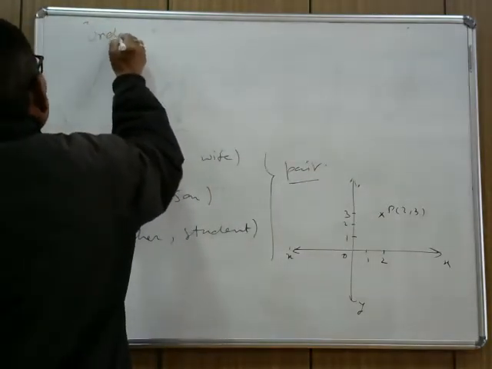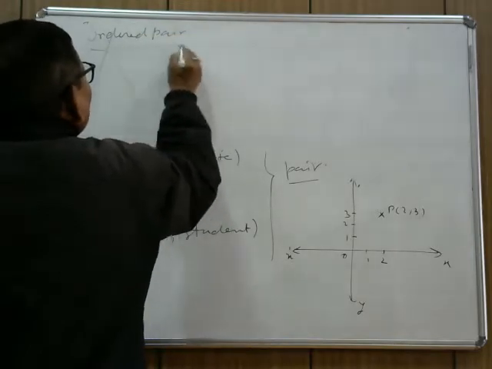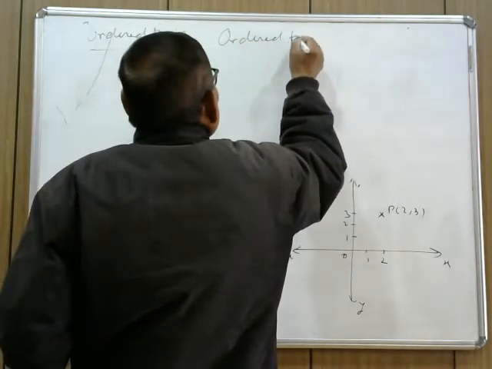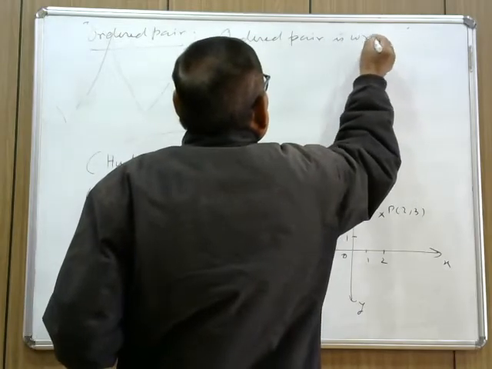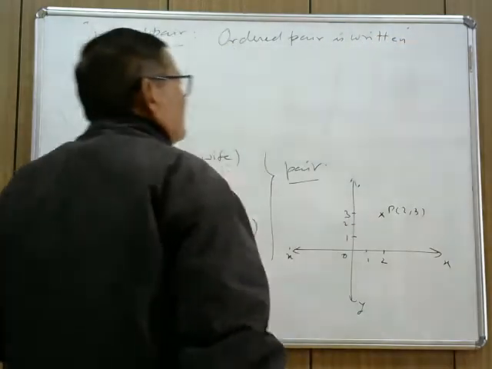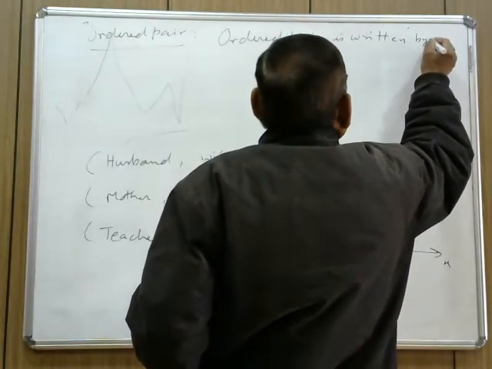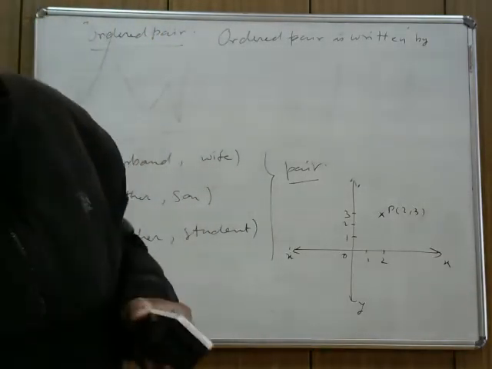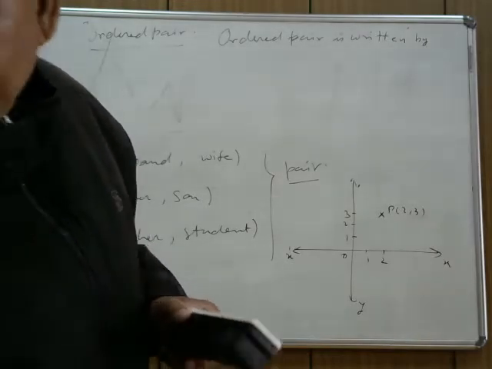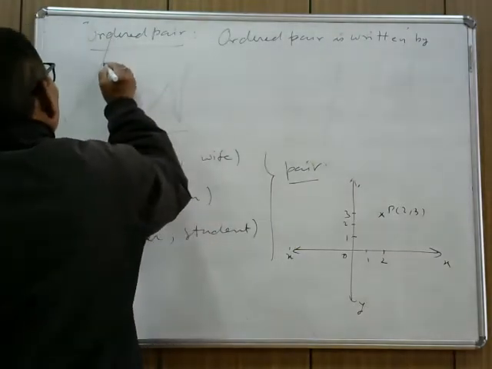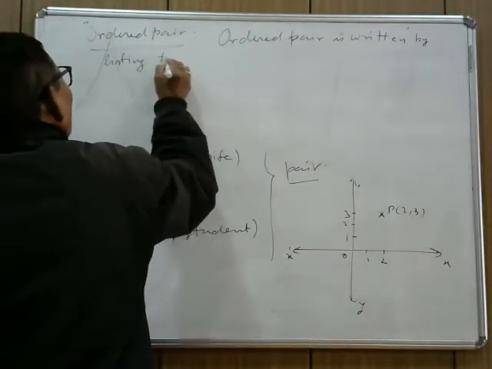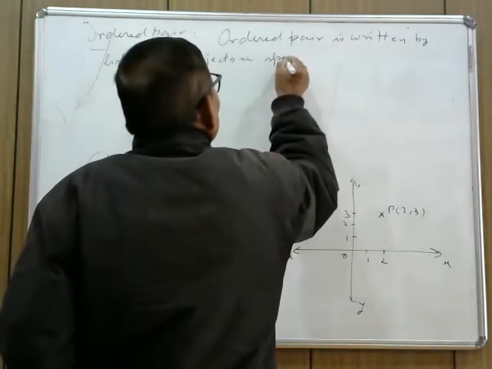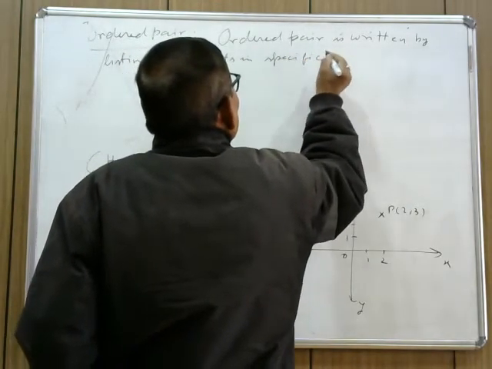An ordered pair is written by listing two objects in a specific order.